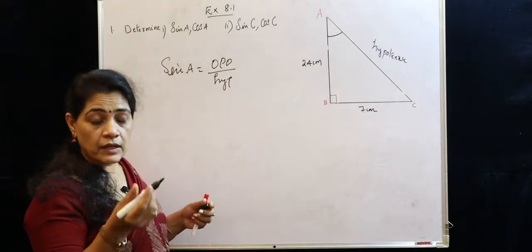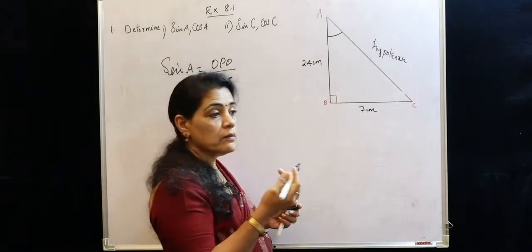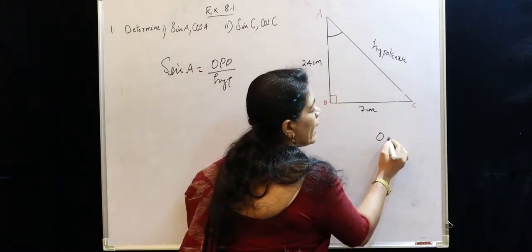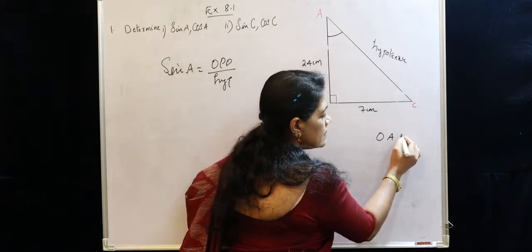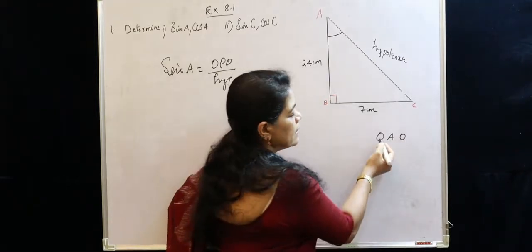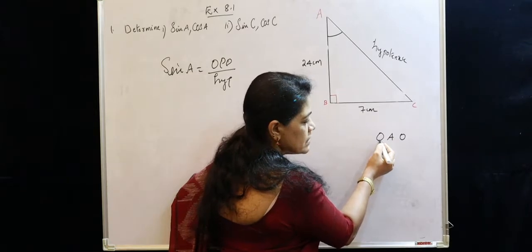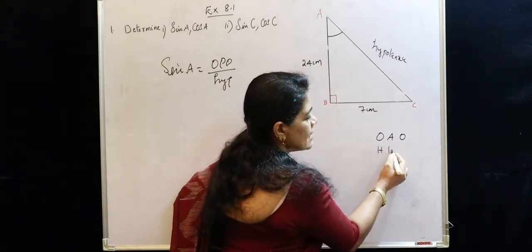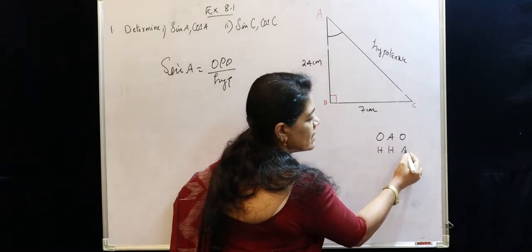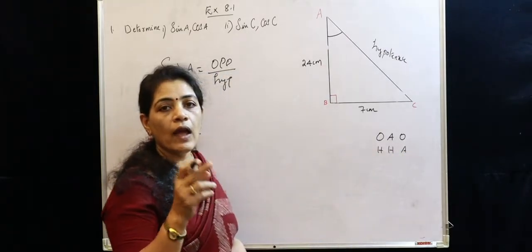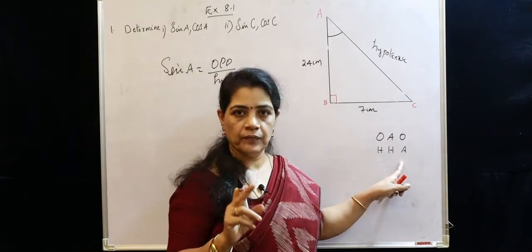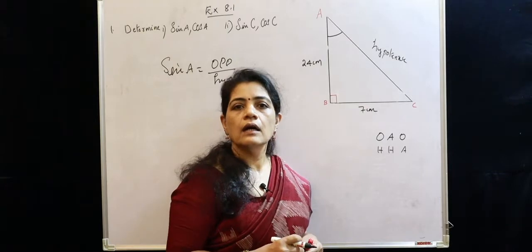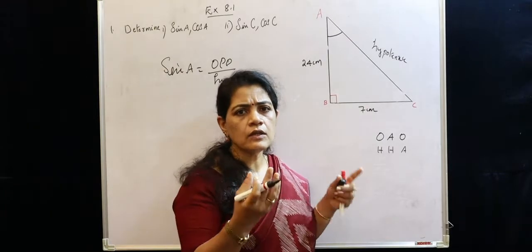In order to remember these ratios without mistake, you can think of this: sine is opposite side by hypotenuse, cos is adjacent side by hypotenuse, and tan is opposite side by adjacent side. O, H, A, H, O, A. These are the ratios for the first three basic trigonometric ratios.